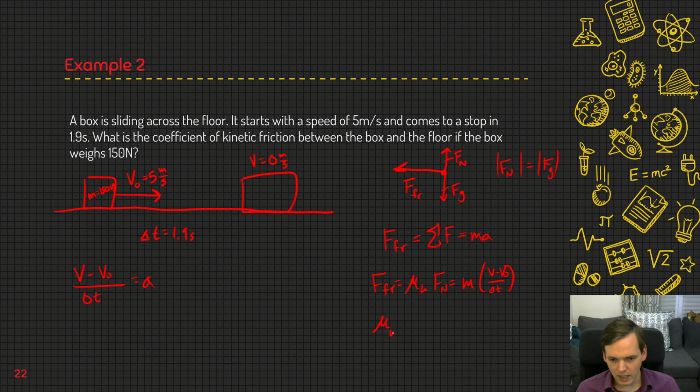So mu k equals m divided by mg, because I'm going to put in Fn equals Fg, times v minus v naught over delta t. And mu k is equal to 1 over g times v minus v naught over delta t. And then I'll leave that for the sake of time. If you want to go in and calculate that, you can. But otherwise, if this tracked and made sense, that's great, and you can move on.